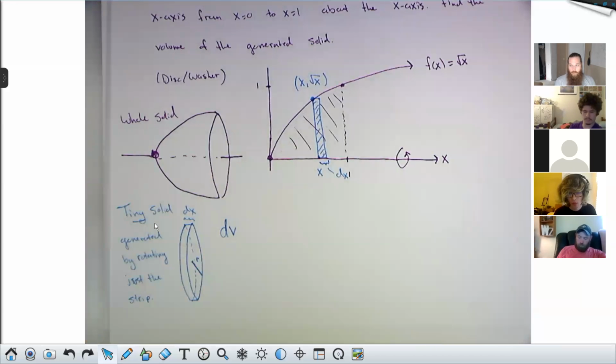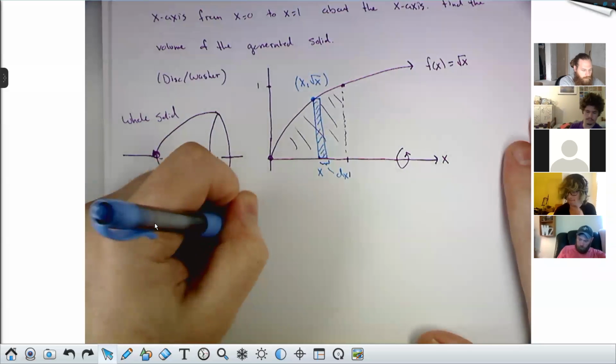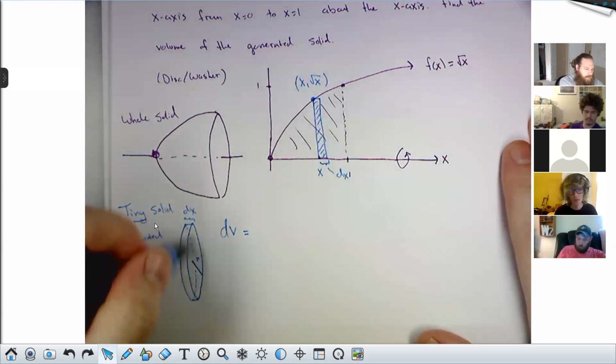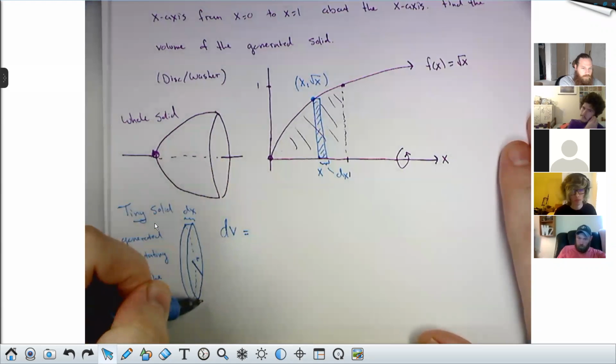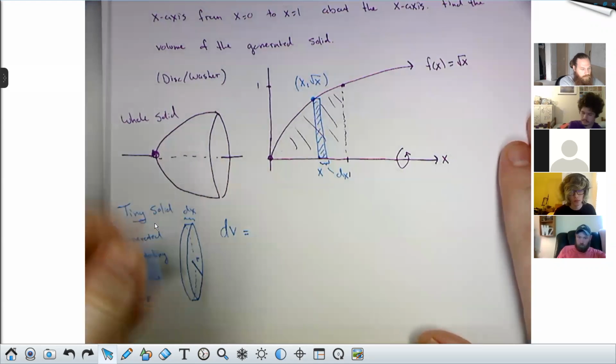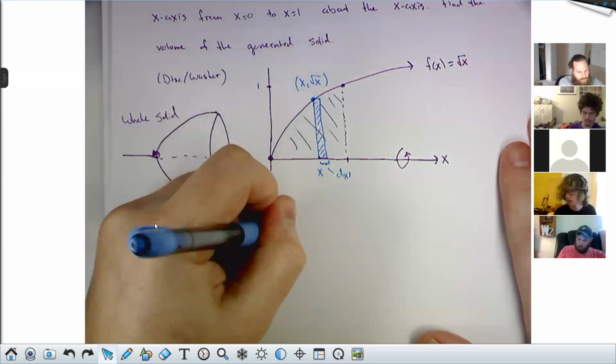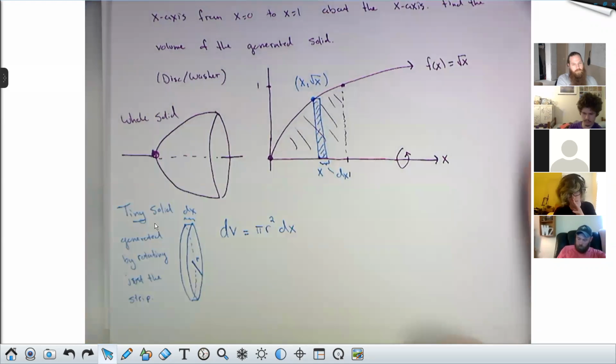D for differential. It's a little differential volume. And that's going to be pi r squared, the area of this little disk, times its little thickness. And that little thickness is dx. The way we find V is by integrating dV.